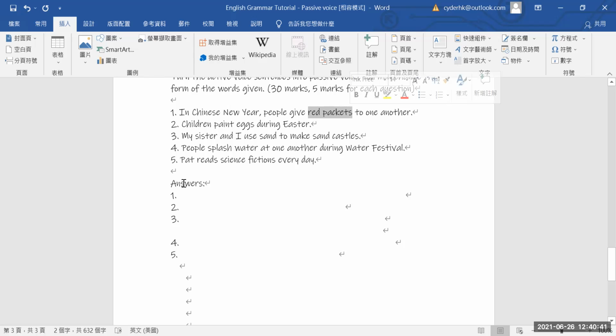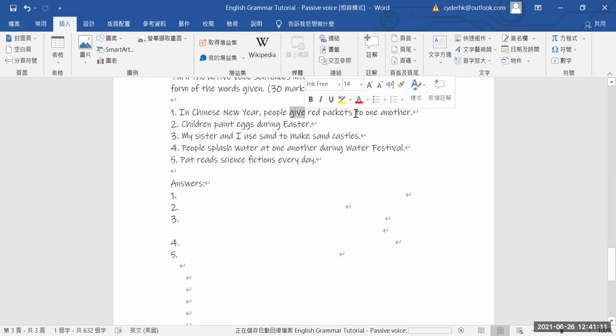If we have present tense, I already told you, you can change the be into is, are, and am. But red packets is plural, so we use are. So, red packets are something, and then we choose the action. The action is give, and we change it into the past participle: give, gave, given. So, red packets are given.